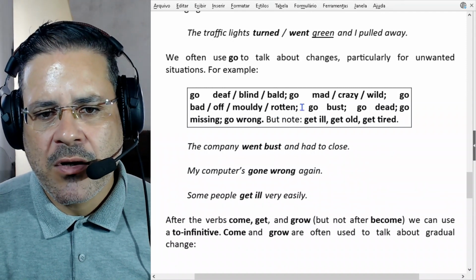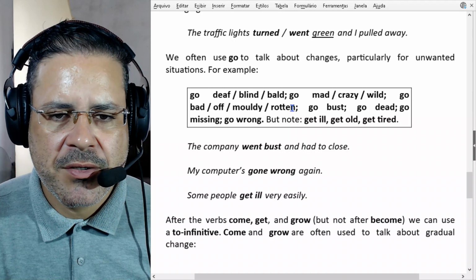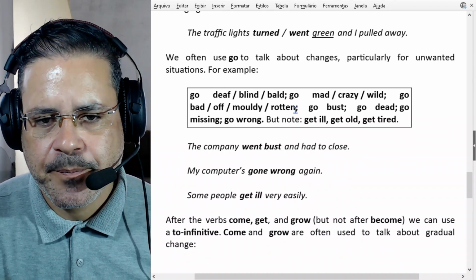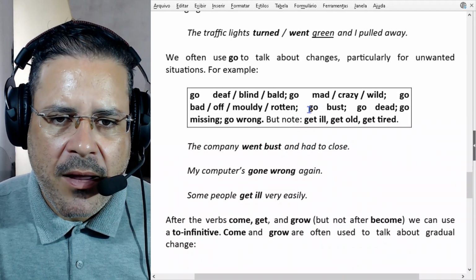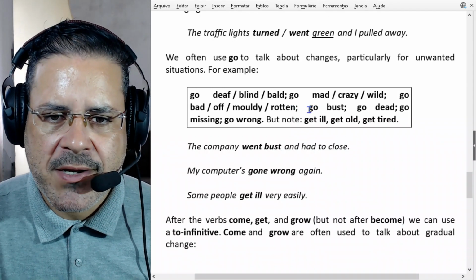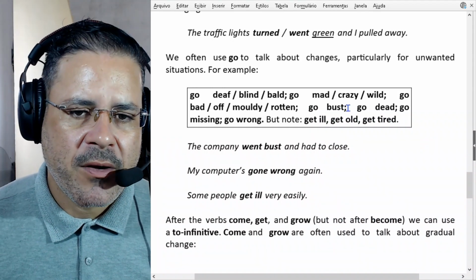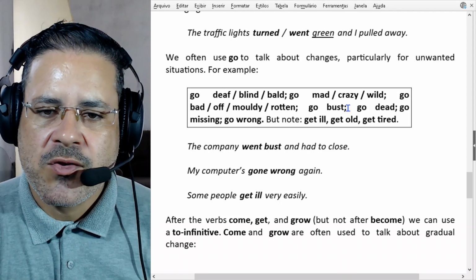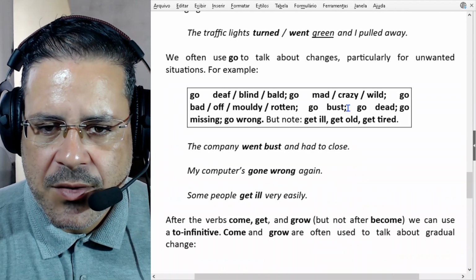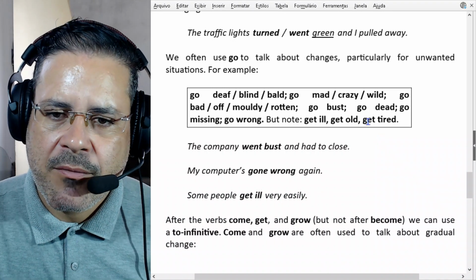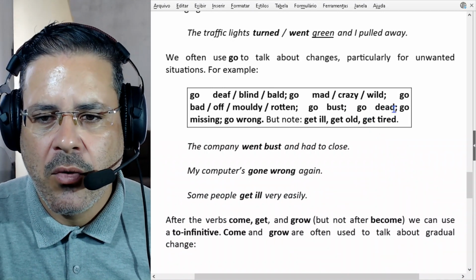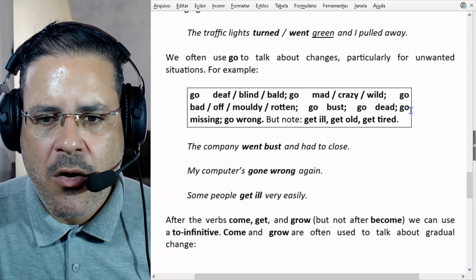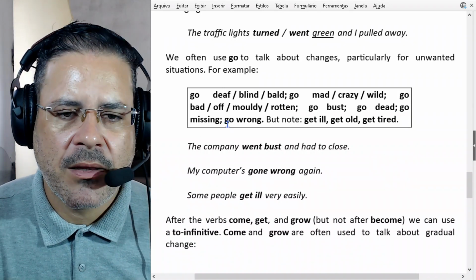If it goes rotten, you've got to put it in the trash bin, in the rubbish. A company, an enterprise might go bust. If a company goes bust, it has no money, it's broken. Something might go dead. Or for example, another phrasal verb, go missing, or something might go wrong.